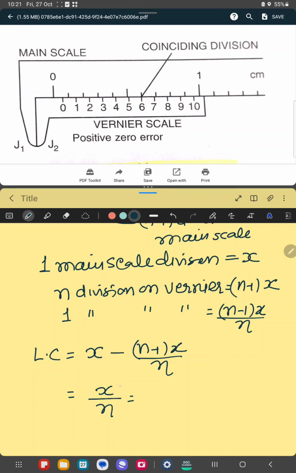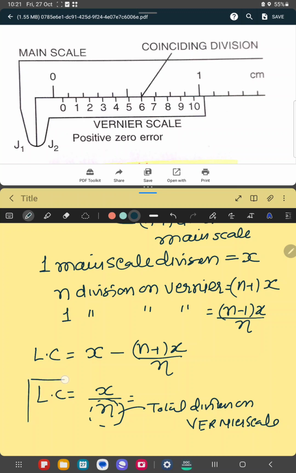That is the value of one main scale division divided by the total number of divisions on the Vernier scale, where n is the total number of divisions on the Vernier scale.